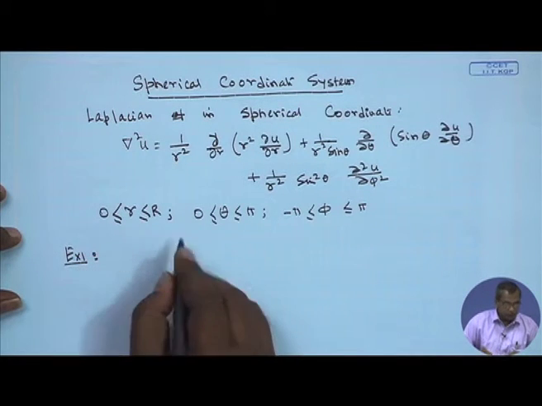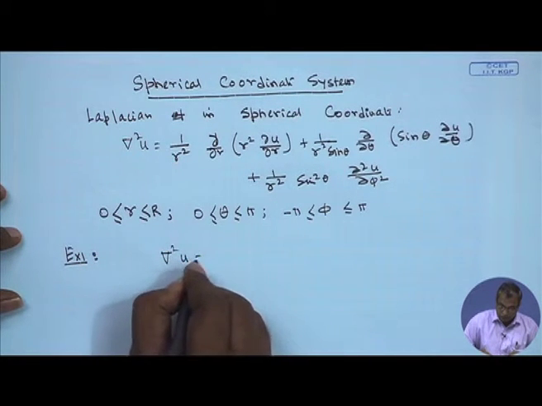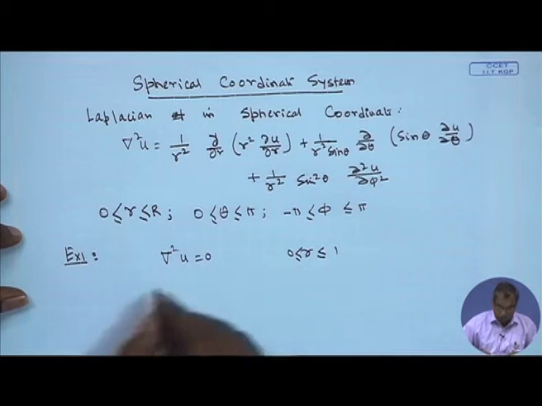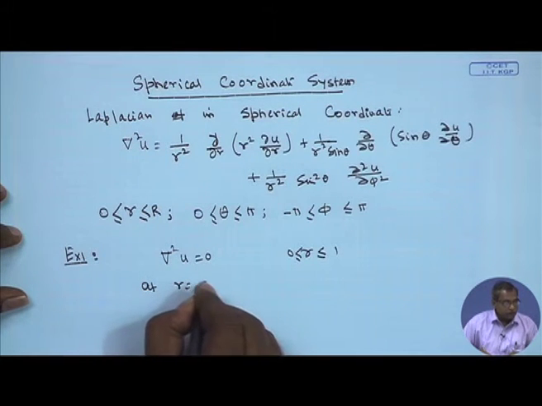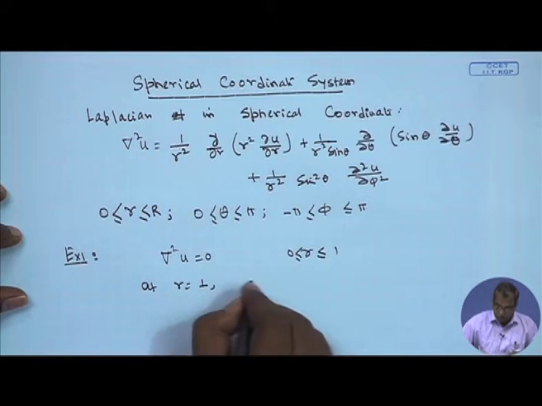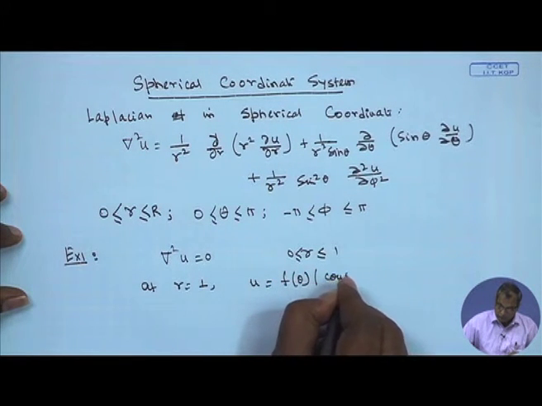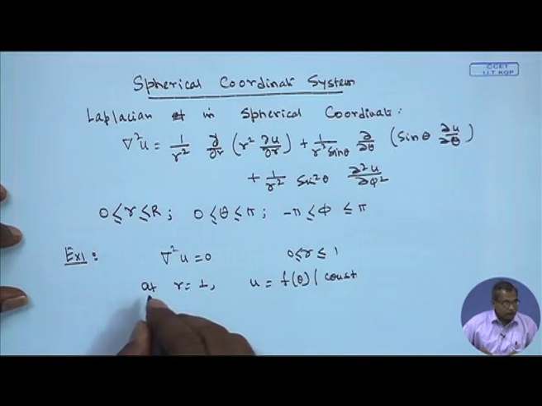Example 1 is Laplacian of u equal to 0, where the domain r varies from 0 to 1. At r equal to 1, we have u equal to f of theta, or it may be a constant as well, and there is a phi symmetry.